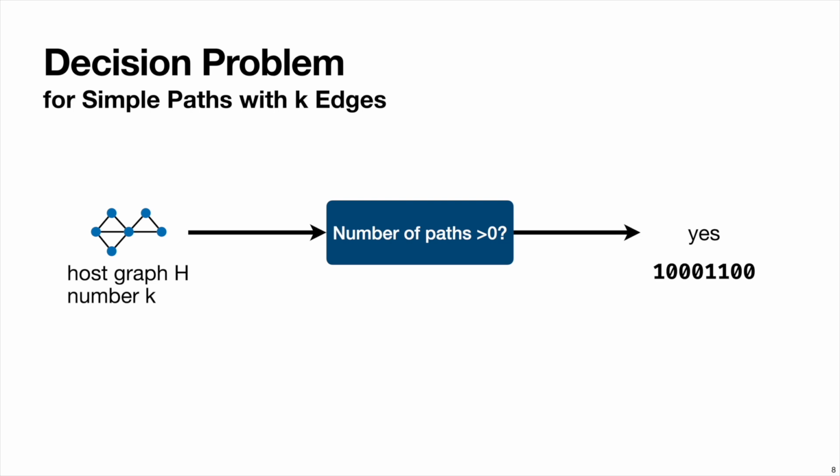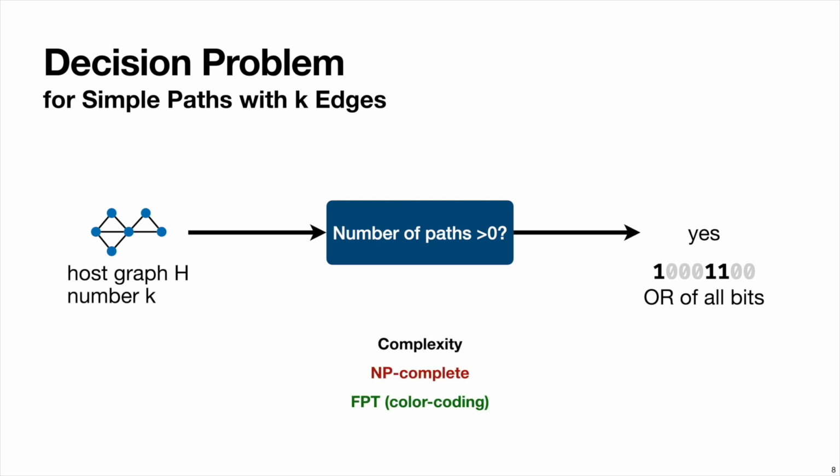And we get yes from the bit representation just by taking the OR of all bits. We just want to know whether at least one of these bits is a 1. The complexity of this problem is that it's NP-complete. And it is fixed parameter tractable using the color coding algorithm.